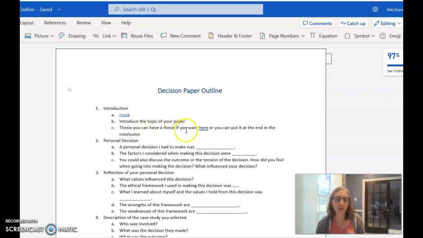Now, I have here that you can have a thesis if you want, but you don't have to. Most of the time you have your thesis in your introduction, but for a compare and contrast essay, there are many cases you could make where it'd be better to save it. So I'll let you decide on that one. I just need to see that you're introducing your topic pretty well.